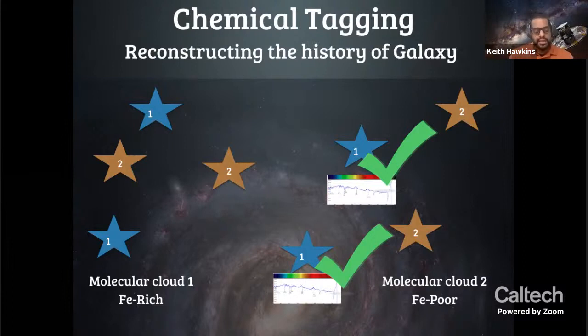It's a really cool idea because if it works, then you can just measure the chemical composition of all the stars in the Milky Way and reassemble where they came from, and therefore reassemble the entire history of the Milky Way. So it's a very powerful idea. The analogy I like to give in public talks is that this is like doing 23andMe DNA analysis for humans, but doing it on the stars.